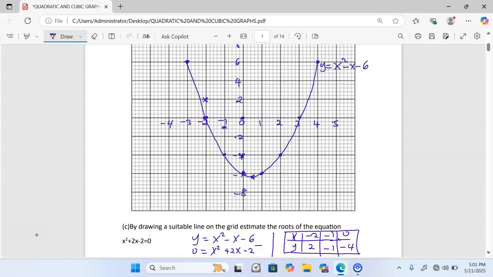Now we can join these points. We can join all 3 points so that we can know. So this is how we are going to join these 3 points. We are going to join these points that we have drawn here.